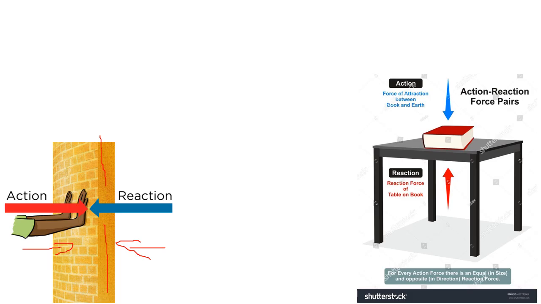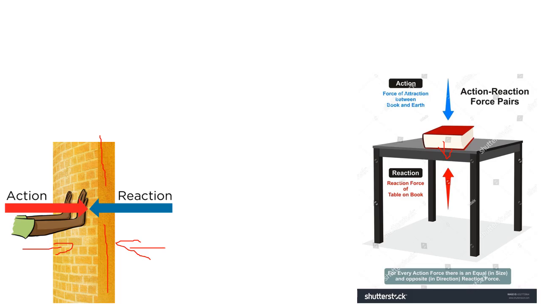So the gravitational force created by this book acts as the force created by the book, and in the table there is an opposite force created to keep the book stable on the table. Okay, so this opposite force created is called the reaction.